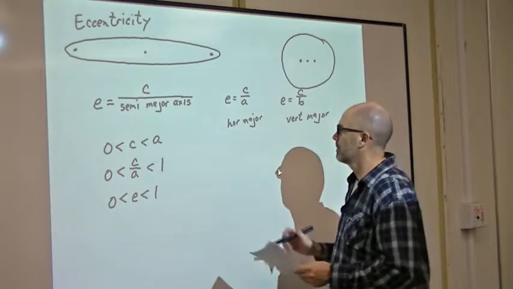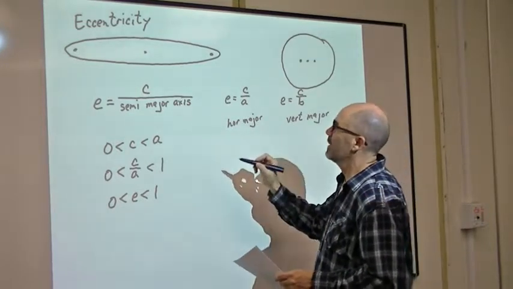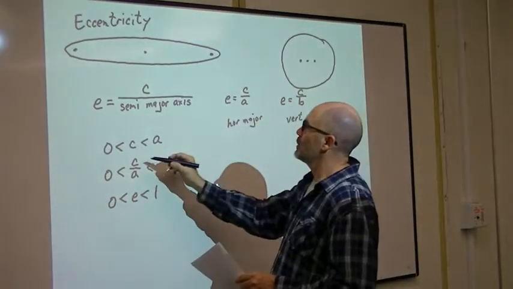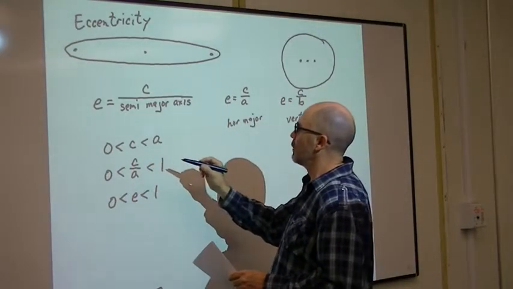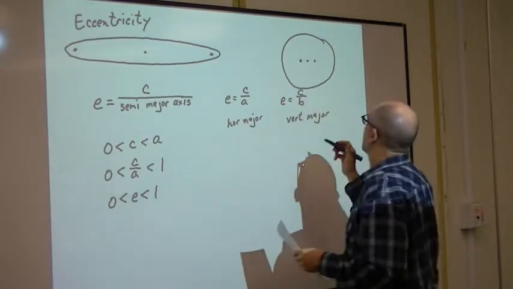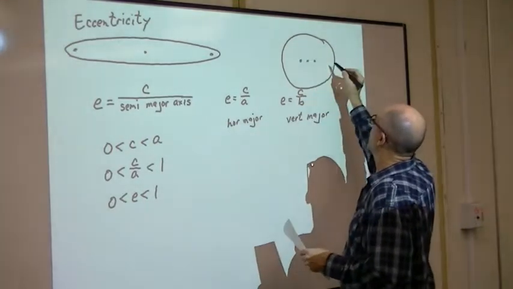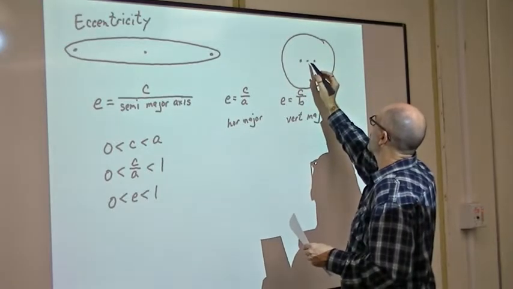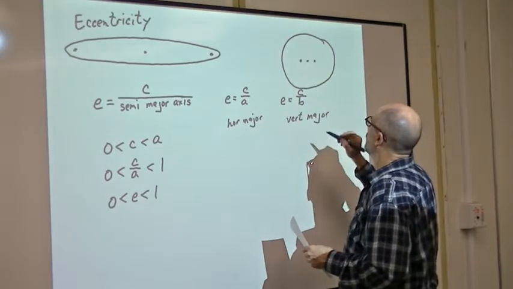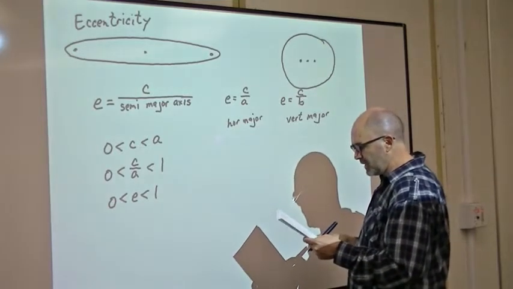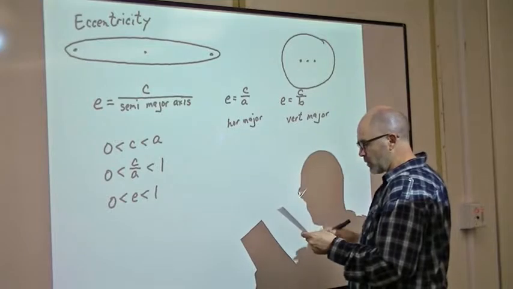So, if I have a small c over a, that means c is small compared with a, so it's close to a circle.